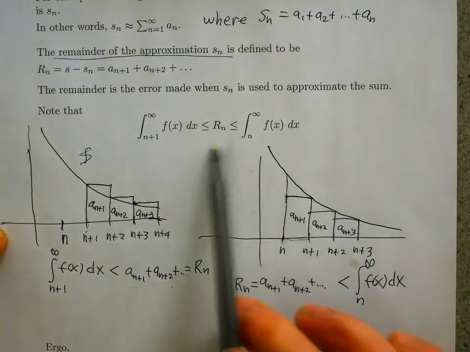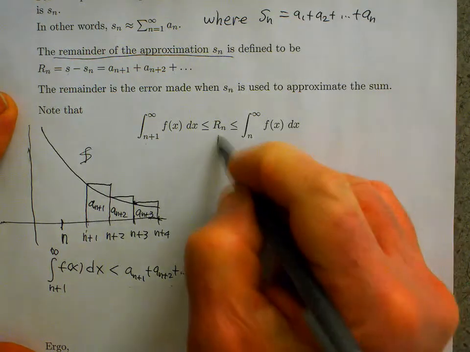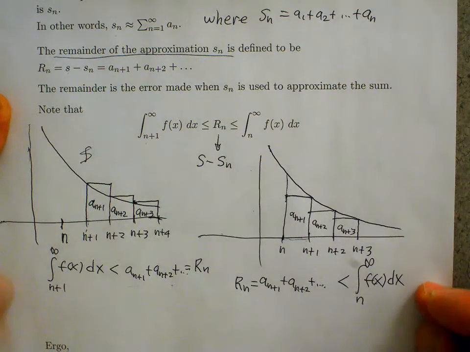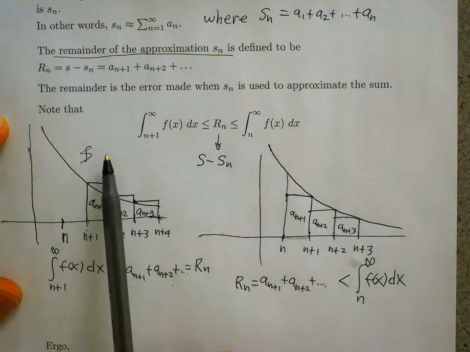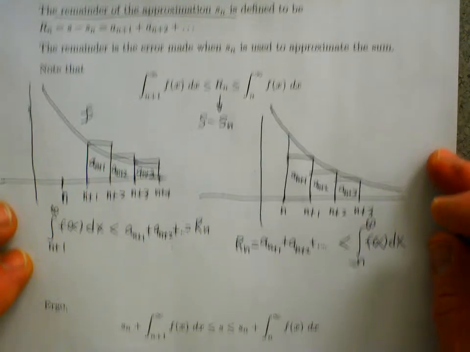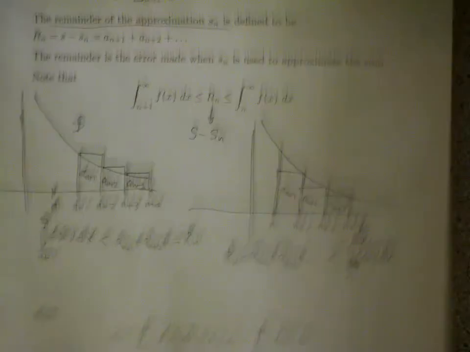Okay, so remember what r sub n is. This is s minus s sub n. So if we add s sub n to all three parts, then we get this inequality at the bottom of the page.